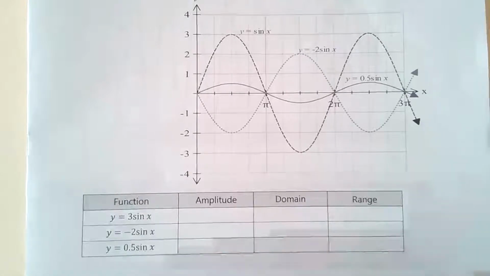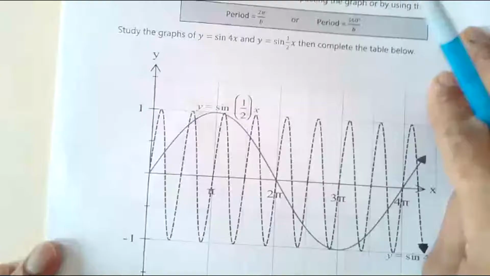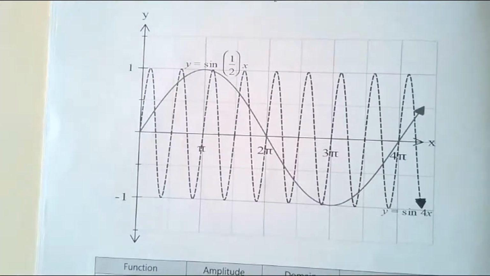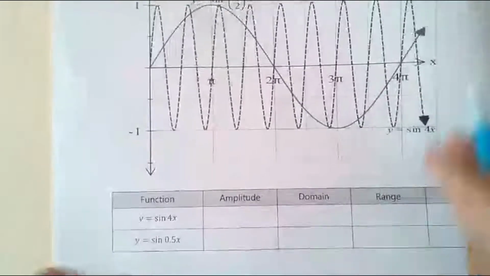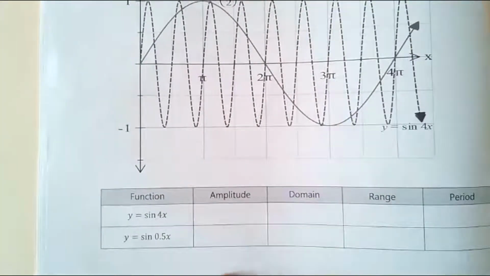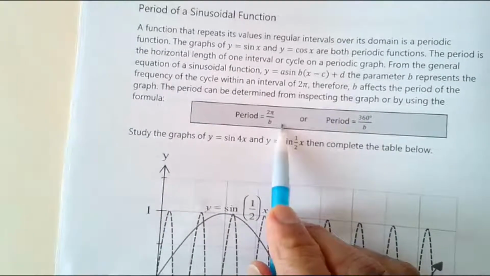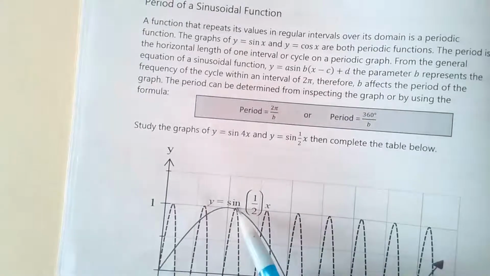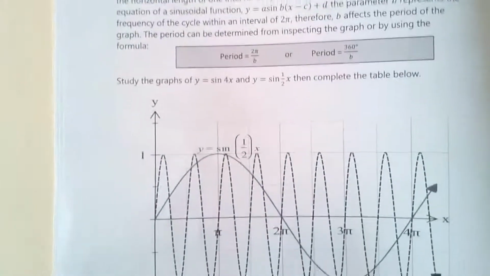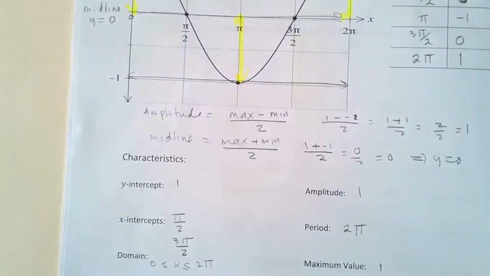That will give you your range. The same goes for the period. The only difference is the period is 2 pi over b. The amplitude is always the maximum minus your minimum divided by 2, which is on the previous page.